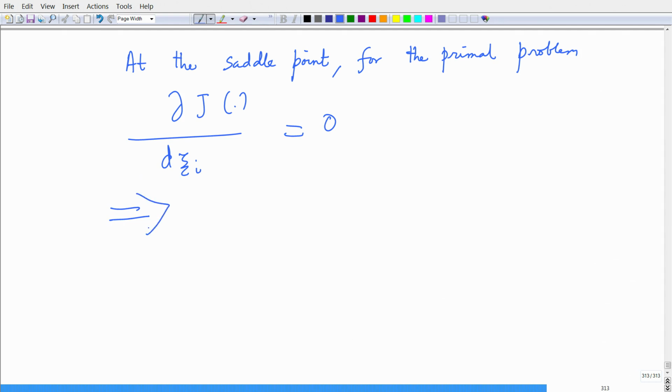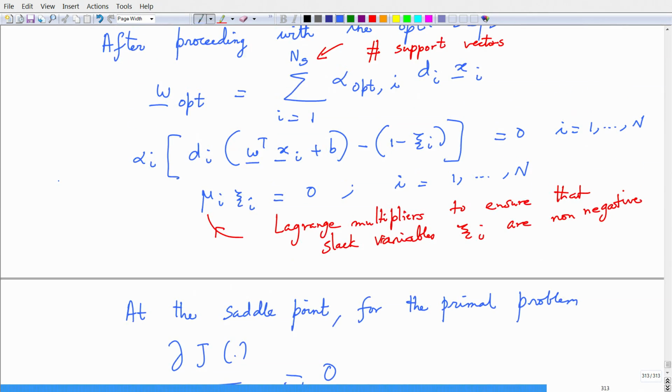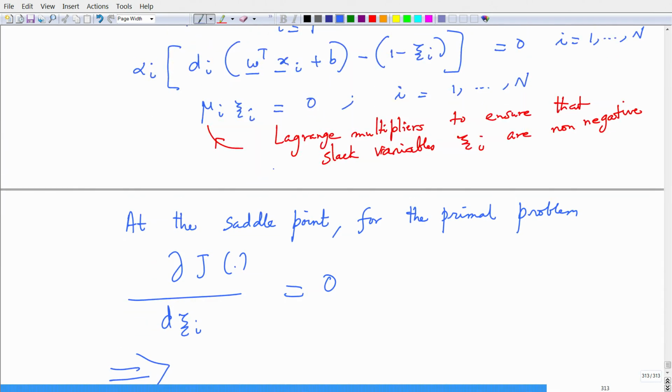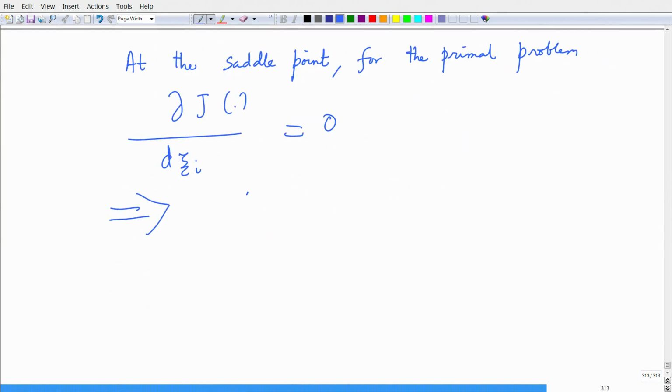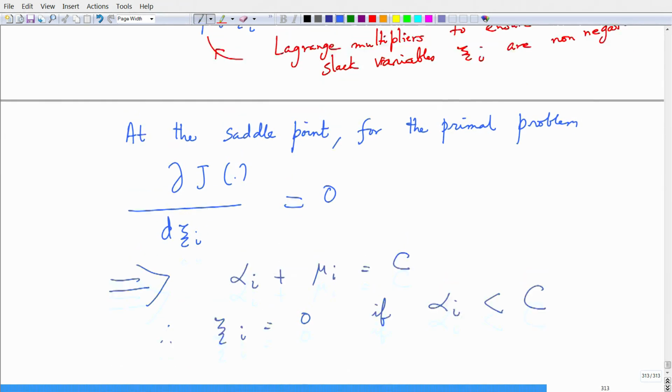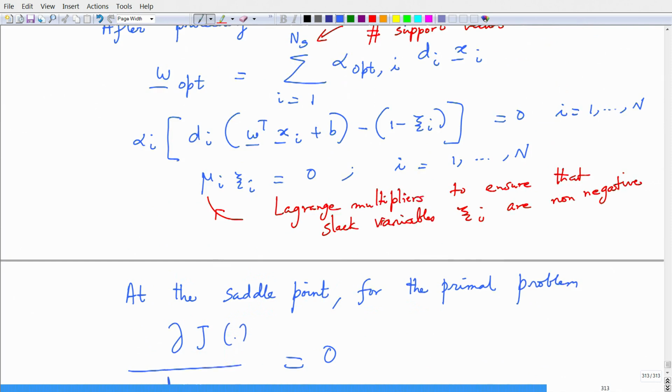So from this constraint condition that we have here, alpha I times this condition from this constraint, we land up with alpha I plus mu I equals C. Therefore, zeta I is equal to 0 if alpha I is less than C. So you can verify these details as part of the homework exercise.